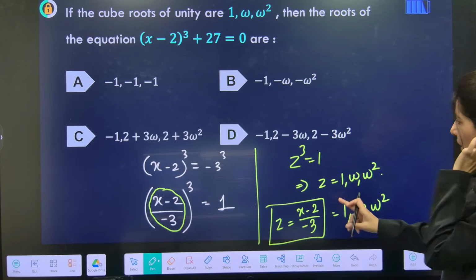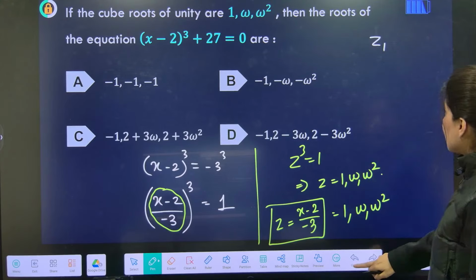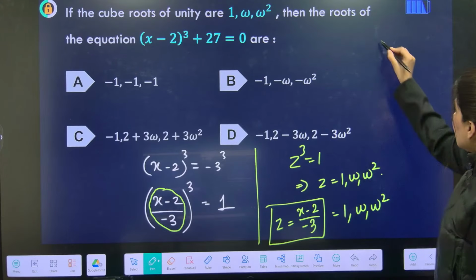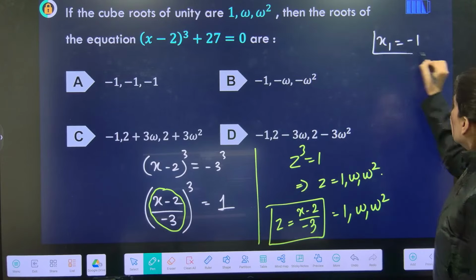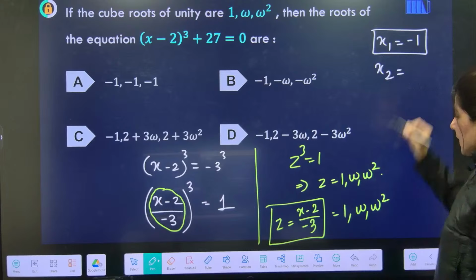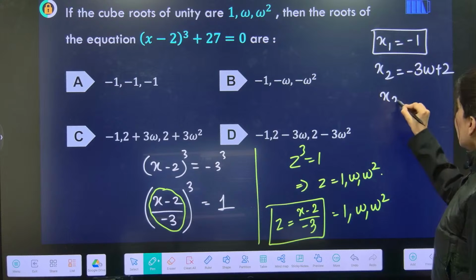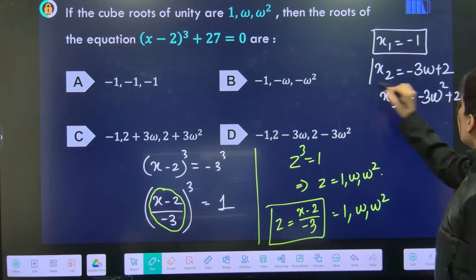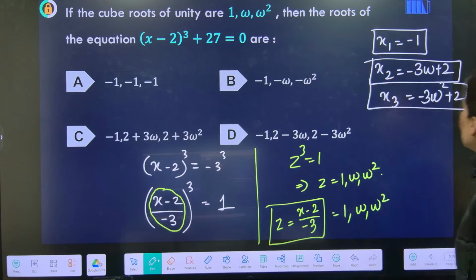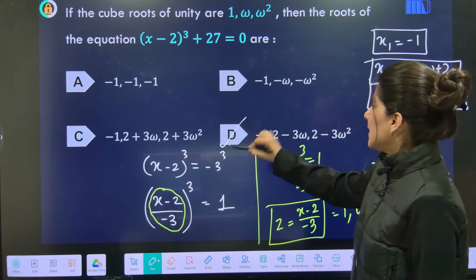So x1 is minus 3 plus 2, so minus 1. x2 is minus 3 omega plus 2. x3 is minus 3 omega square plus 2. This is your x2, this is your x3. So minus 1, minus 3 omega plus 2, and so on. Can you see? And yes, option D is absolutely right.